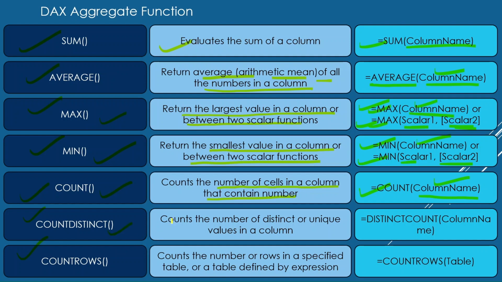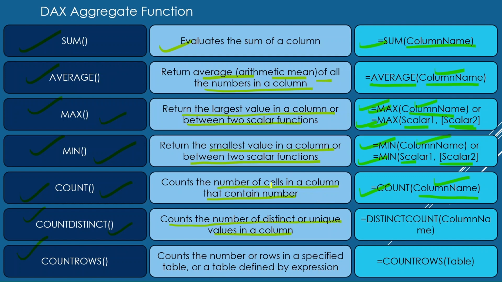One is distinct count. It counts the number of distinct or unique values in the column. So suppose we have a requirement that a column has millions of records containing duplicates, but we want to count only the distinct or unique values present in that particular column.